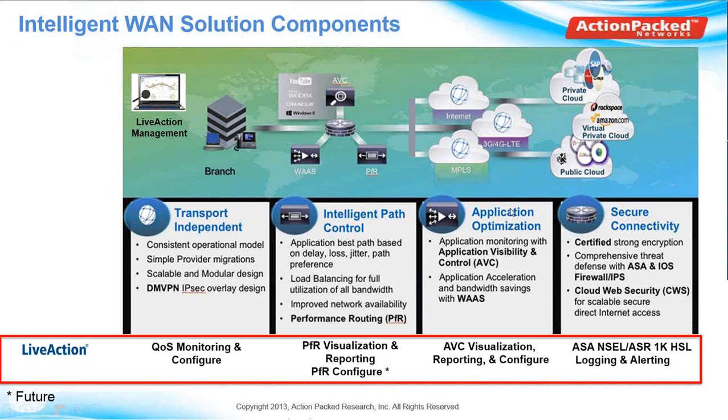On application optimization, we offer AVC visualization, reporting, and configuration to report, diagnose, and mitigate application performance issues. And then on security, we visualize ASA NSEL and ASR1K high-speed logging events to provide some very simple security analysis.